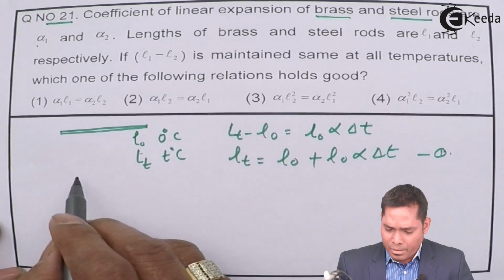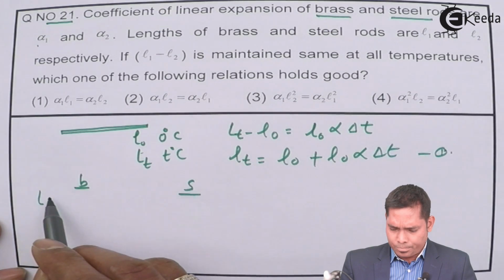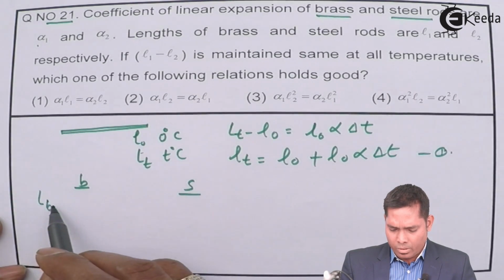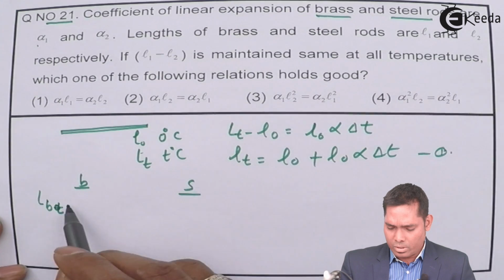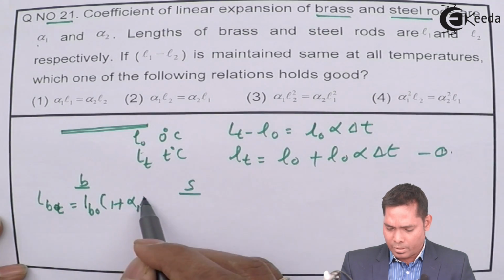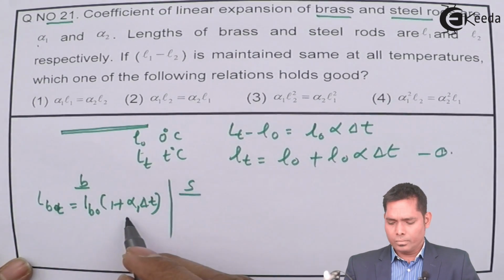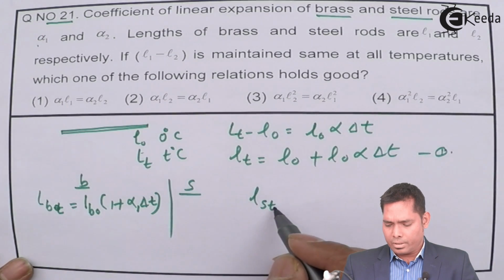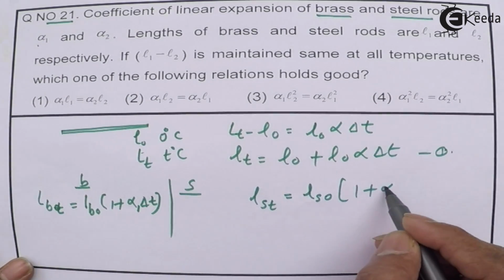That means at 0° centigrade, if I write for brass and steel, the length of brass at T centigrade is LB0 into 1 plus alpha 1 delta T, and for steel, the length of the steel at any temperature T centigrade will be LS0 into 1 plus alpha 2 delta T.